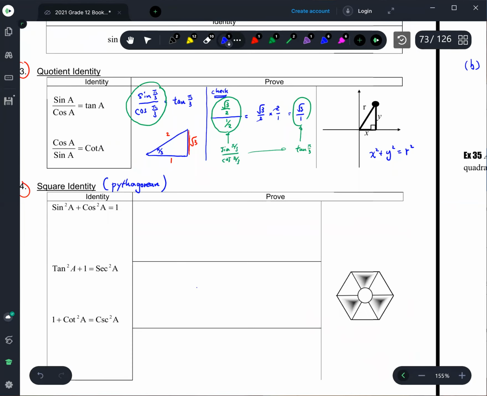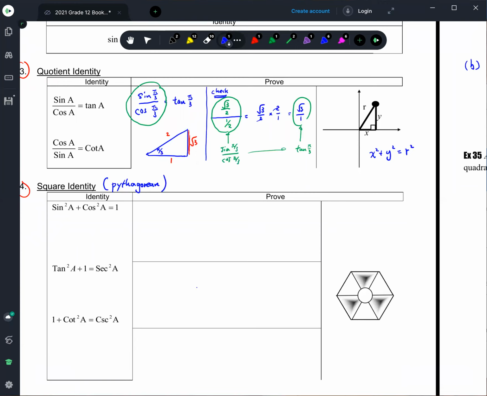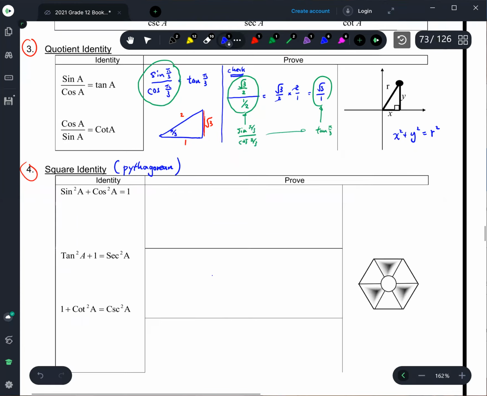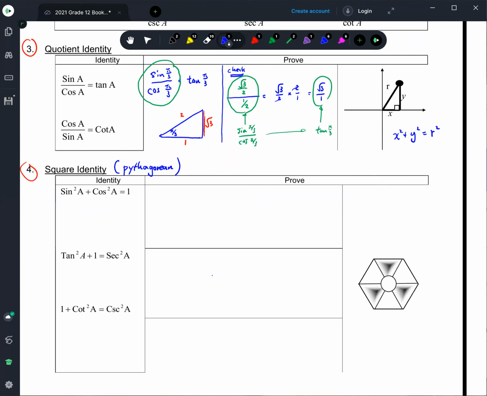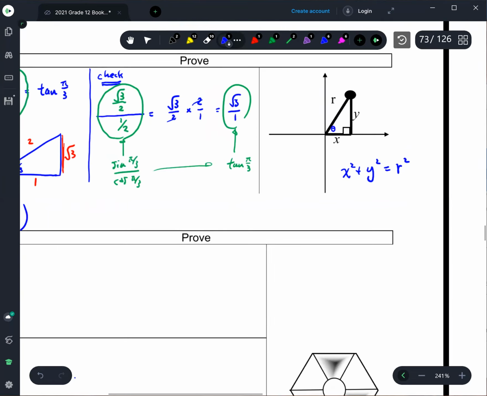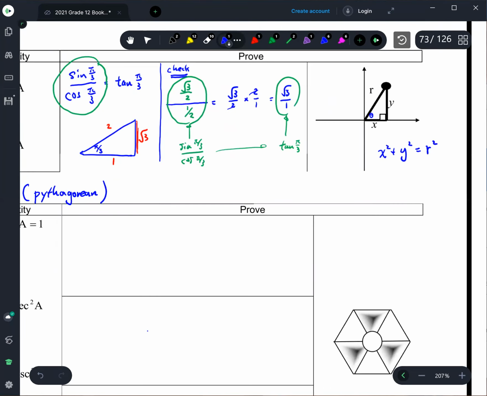We are just going to prove the first one, and the other ones can be proved the same way. Let's just look at the first quadrant. Opposite side is the Y, adjacent side is the X, and hypotenuse is the R, like the radius R.